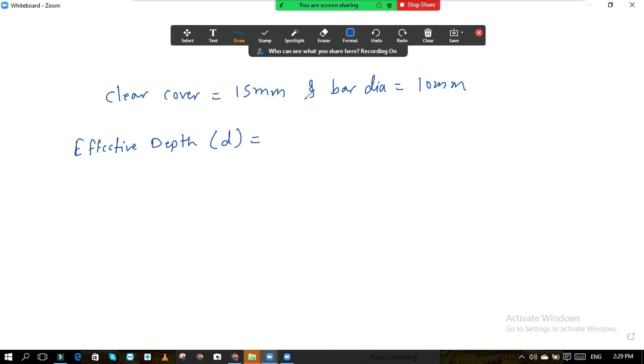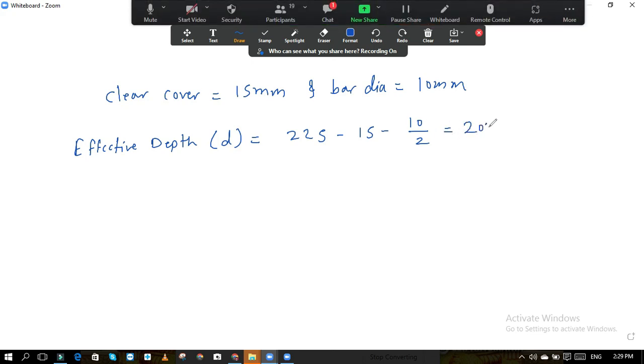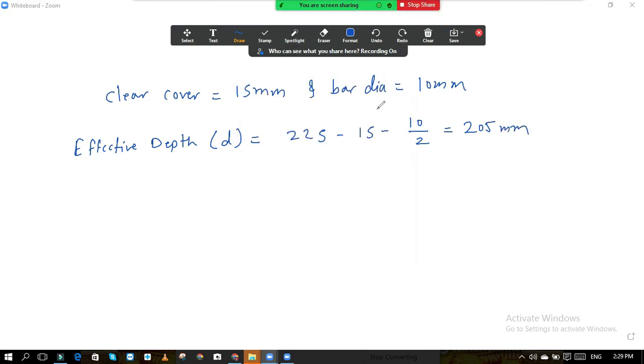What is the answer? 205 mm. So this is your effective depth. Now your overall depth is 225, your effective depth is 205.